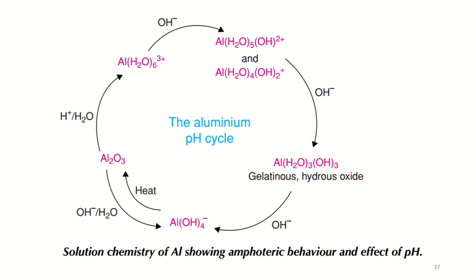These then coalesce to form a gelatinous solid of uncertain formula and structure that is often referred to as a hydrous oxide, but more correctly it is probably a hydrated hydroxide.